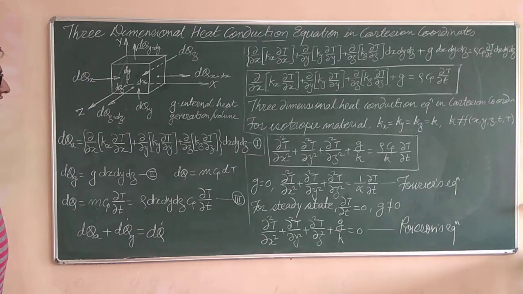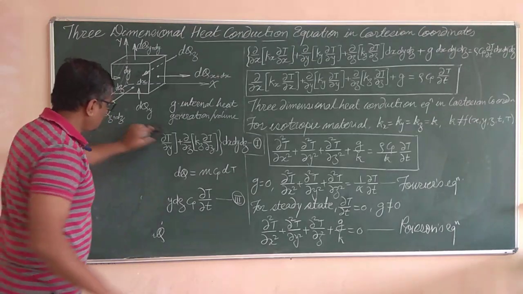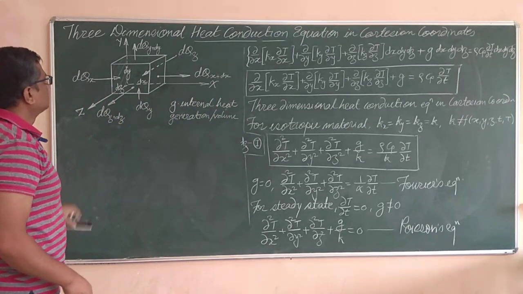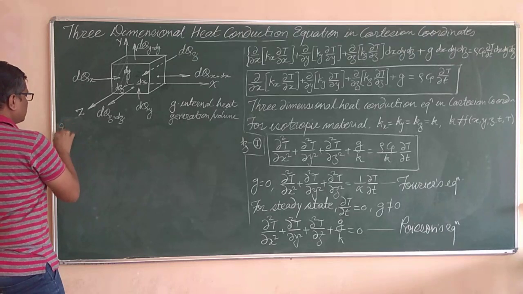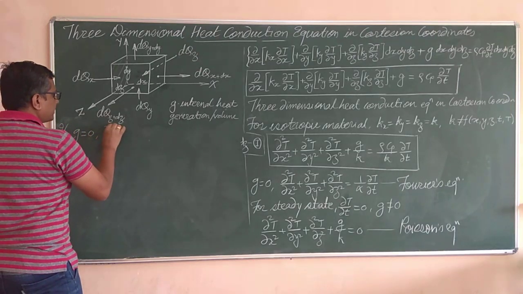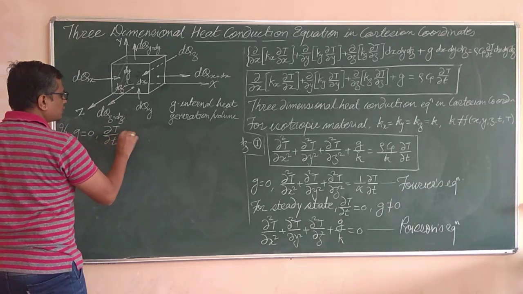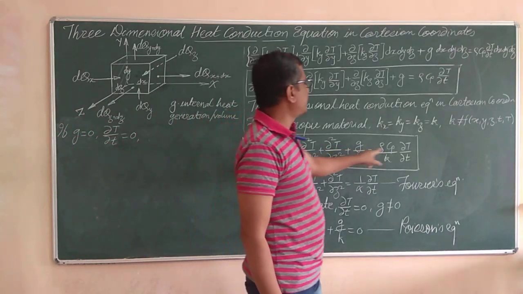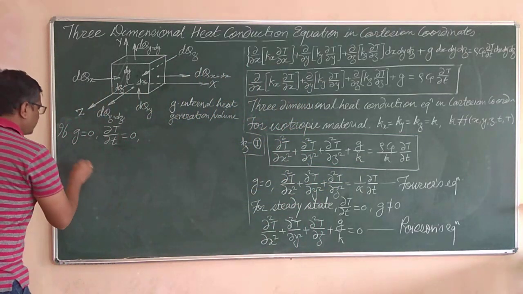Now above all, I would like to take a few more equations into consideration. If g is also equal to 0 under one condition, and ∂T/∂t is also equal to 0, then we will get one more equation. Just put in these values, g equal to 0 and ∂T/∂t also 0, so what will remain?